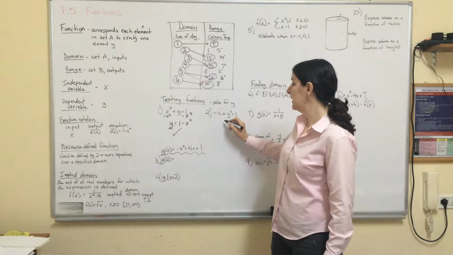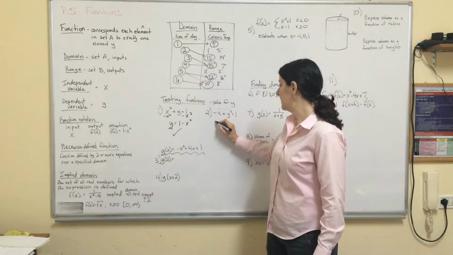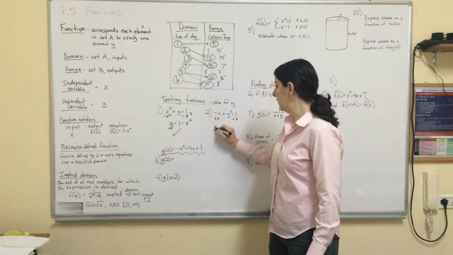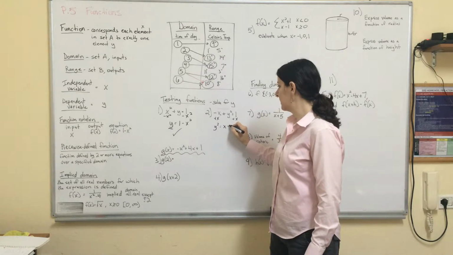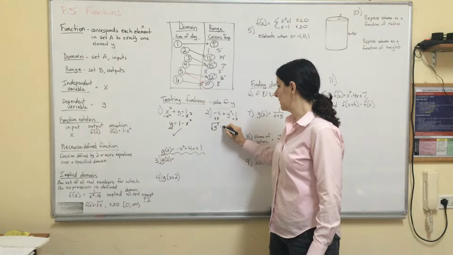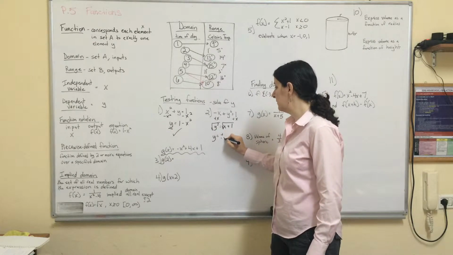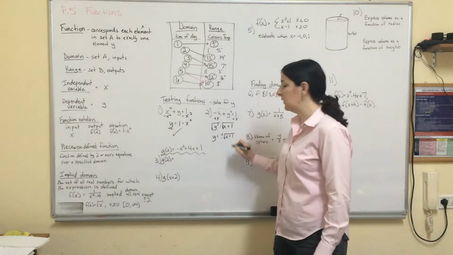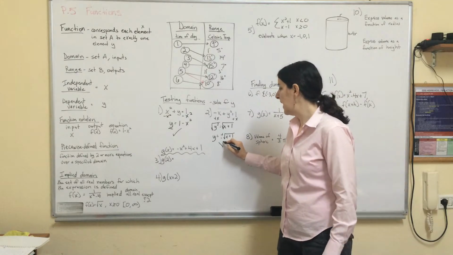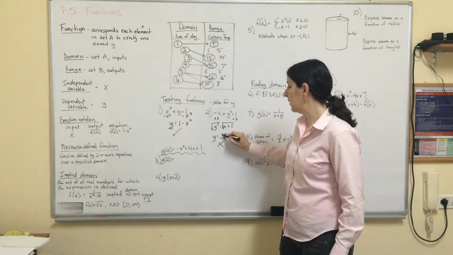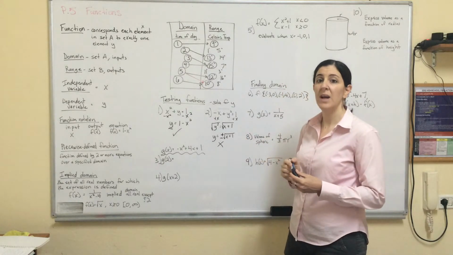If we go down to this one, let's add x to the other side, make it positive. y squared equals x plus 1. Do the square root: y would equal plus or minus the square root of x plus 1. This would not be a function because it's either going to be plus or minus. That's two answers.